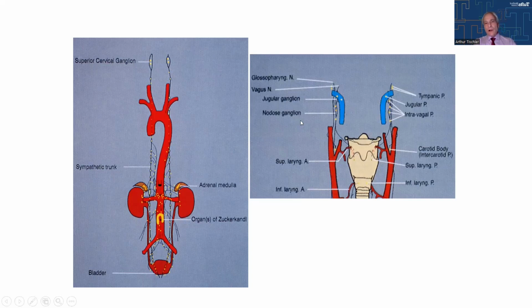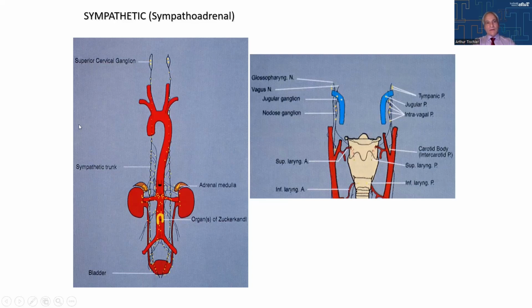Similar cells were located along branches of the vagus and glossopharyngeal nerves in the head and neck. Again, these were microscopic and highly variable in location, except for the carotid body, which is macroscopic and is consistently located at the bifurcation of the carotid artery.